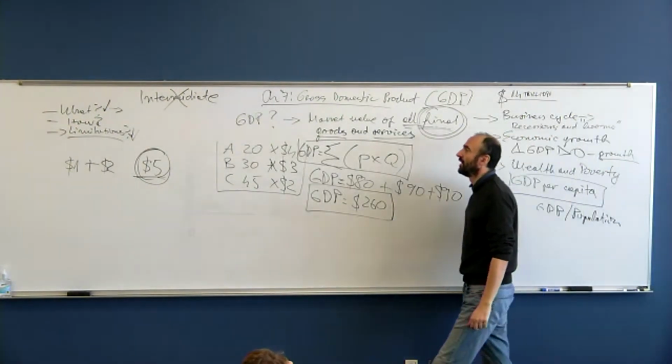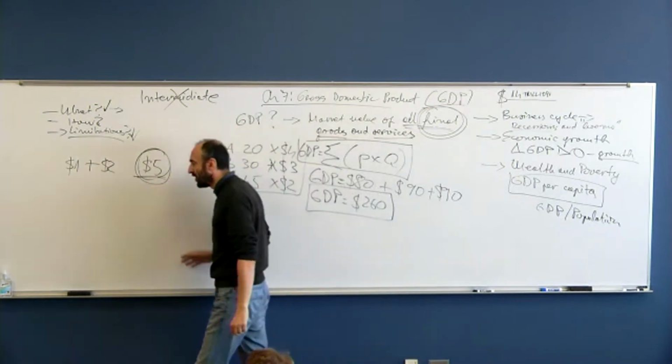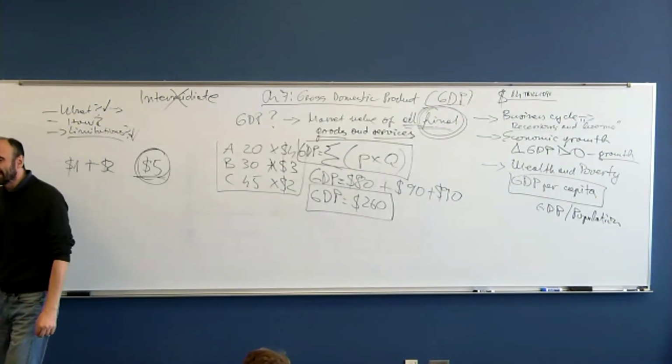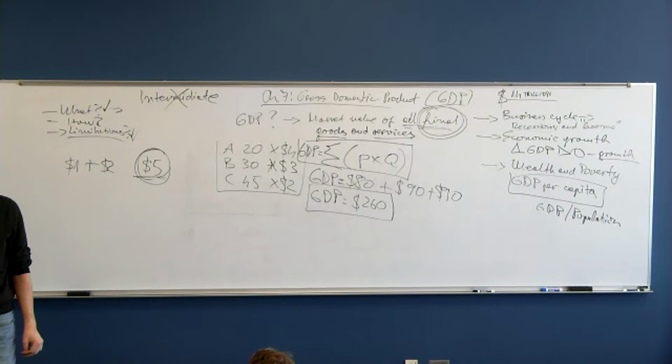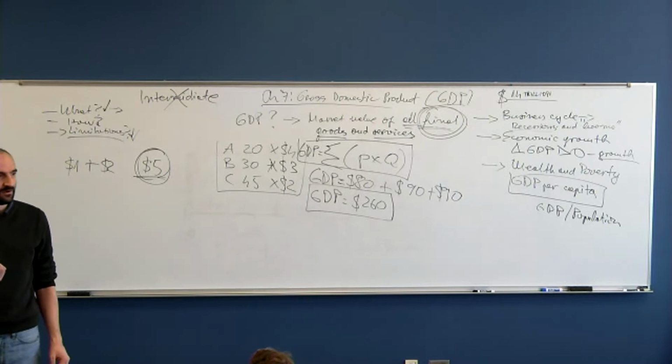One more thing. One more source of underestimate. So GDP is a quantitative measure. It's statistics. It measures how many units, what is the price. It doesn't tell you anything about the quality. So how would you compare the quality of a car in 2021 and a car in 1983?